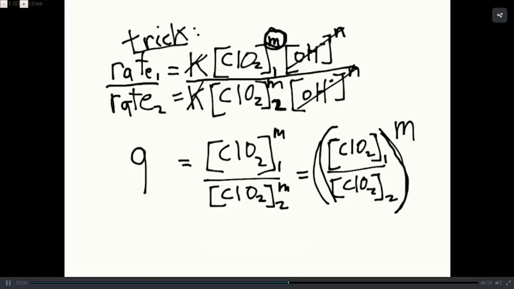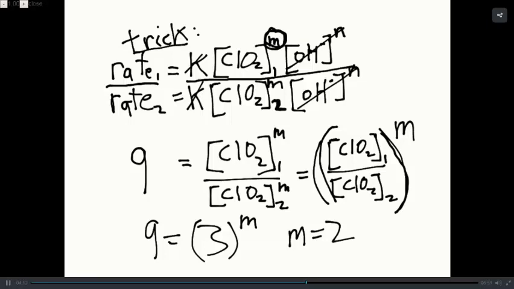So I'm going to put in 3 there for this ratio, and our equation becomes this. Maybe we can look at this and see that 3 must be raised to the second power in order to get 9. Alright, so that gave us our order of the ClO2 reactant.